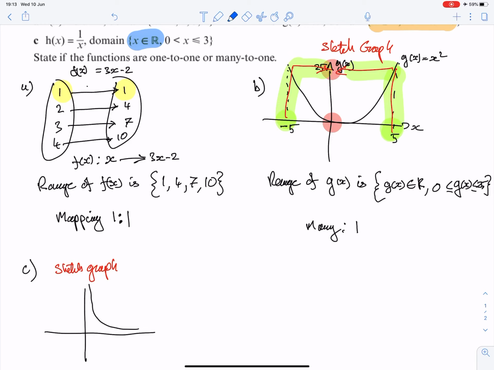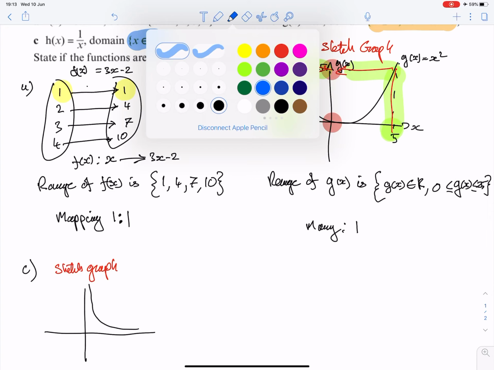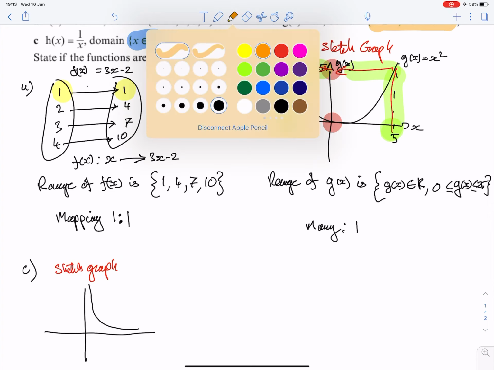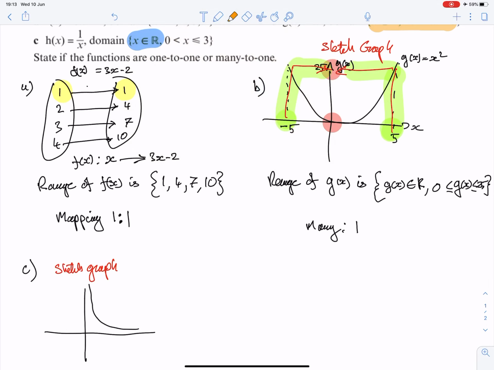And this time we've got a strictly greater than sign. So 0 here is excluded. So there's x, there's y, or h(x). And the graph is h(x) is equal to 1 over x.